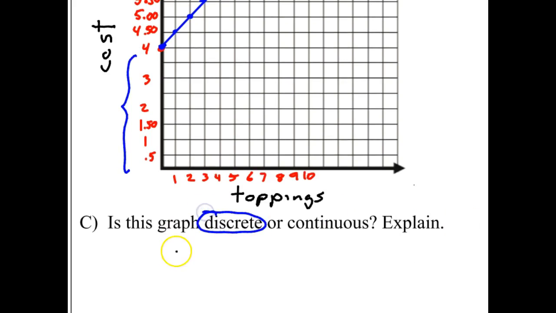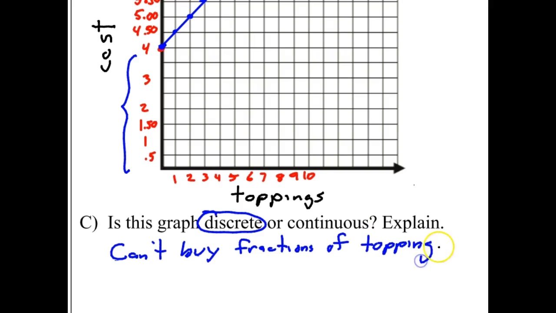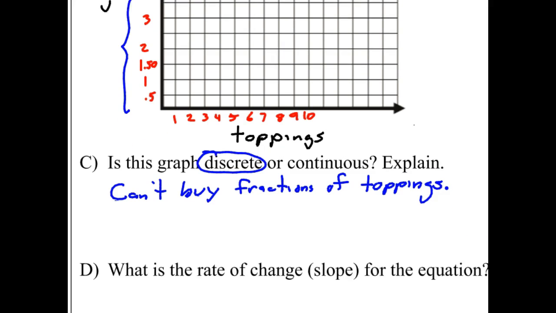Okay, that's discrete because we can't buy fractions of toppings. You gotta buy 1 or 2 or 3, nothing in between that.